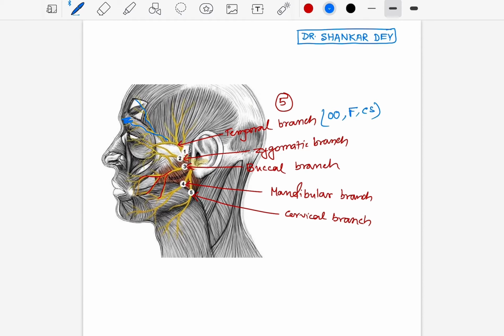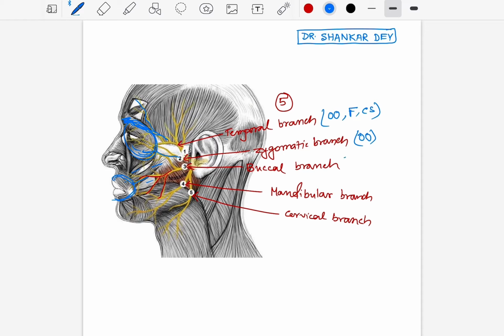Zygomatic branch: as the temporal branch supplies the upper part of orbicularis oculi, this zygomatic branch supplies the lower part of orbicularis oculi. Then the buccal branch supplies the maximum number of muscles. Here lie zygomaticus major, zygomaticus minor, levator anguli oris, buccinator muscle, and orbicularis oris.